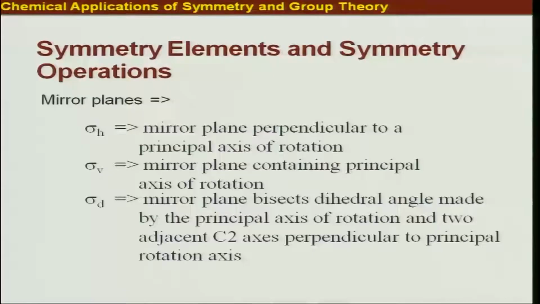So what is sigma V? Okay, so sigma V, you can see the definition of sigma V on your screen. So sigma V is the mirror plane which contains the principal axis of symmetry. We have learned about the principal axis of symmetry.